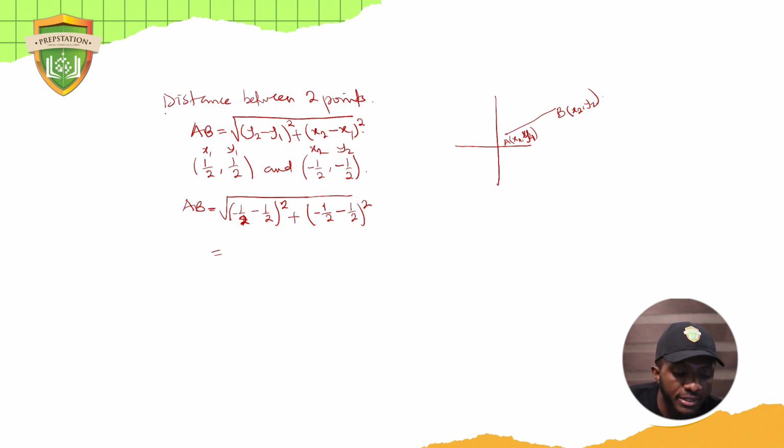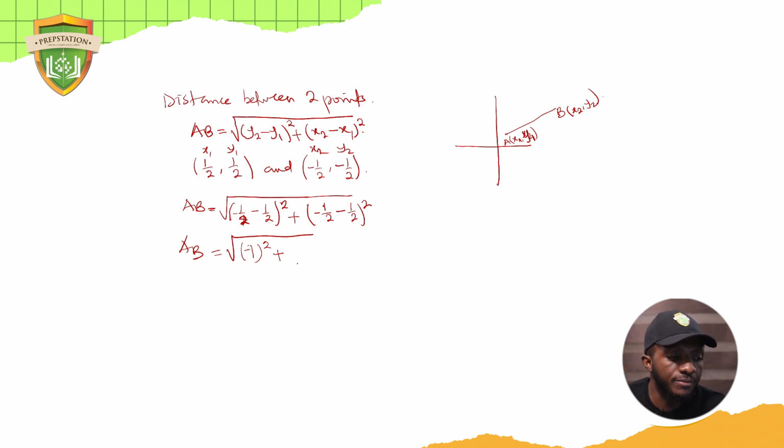So you're going to have AB, as you come down here, equals the square root of, now minus half minus half is minus 1. You owe half a naira and you owe another half a naira. That's the easiest way to think about it. You owe 2 people half naira. Of course, if you put together what you owe, it's 1 full naira.